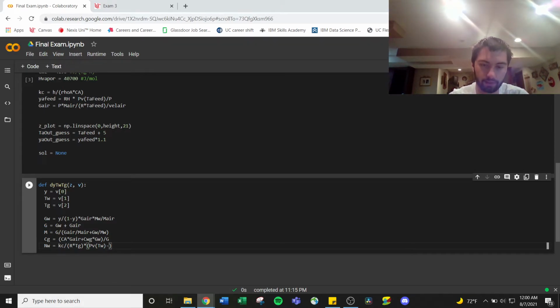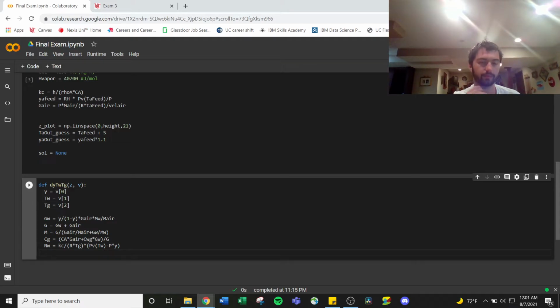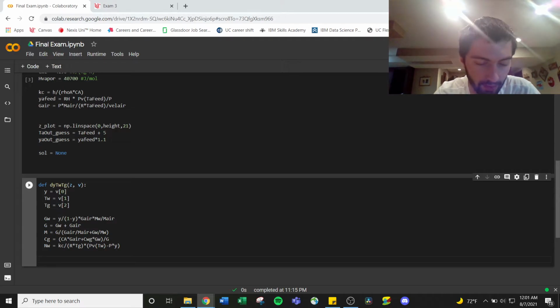It's minus the total pressure times the mole fraction of water in the air. Alright, so now I believe we have all of the variables we want to introduce for our differential equations, and we're ready to actually put in the differential equations themselves.